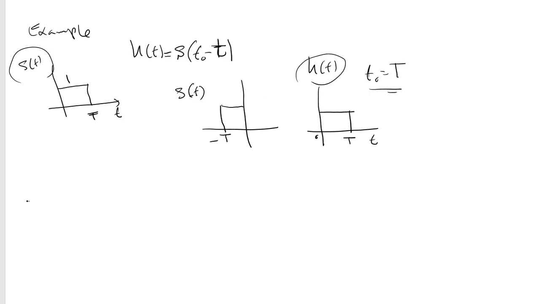If we convolve these two, we have this, and this is the time instant T when both signals overlap completely, and we can see the convolution will be equal to T. And the voltage that we get at time instant T will be T.